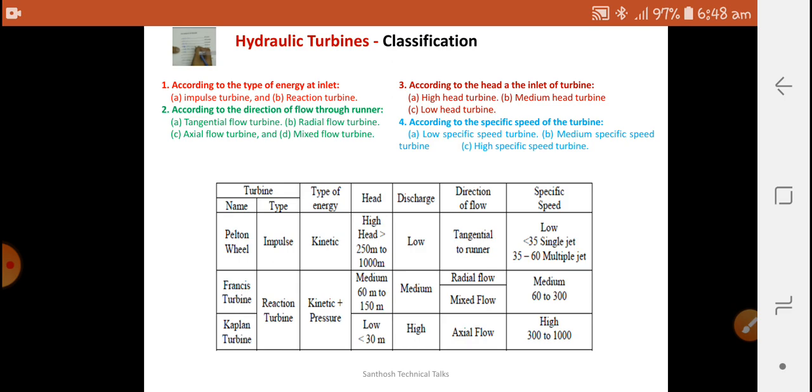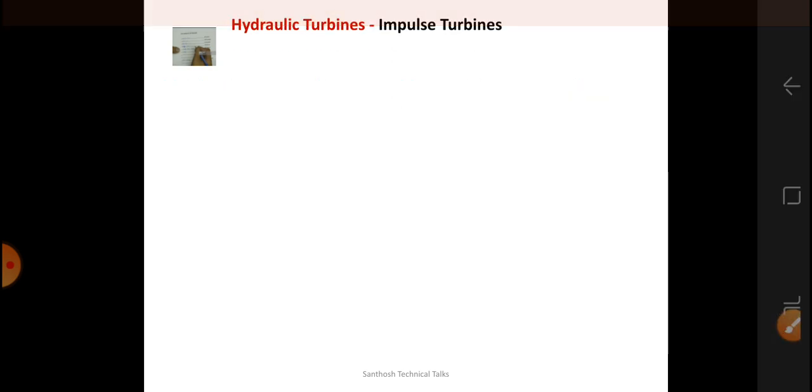The Francis turbine uses radial flow as well as mixed flow. The Kaplan turbine is only axial flow. The specific speed for the Francis turbine is medium, and for the Kaplan turbine it is high. So the high specific speed turbine is the Kaplan turbine. Okay, I hope that you are very clear about the turbines.